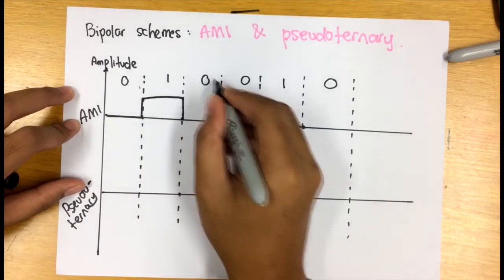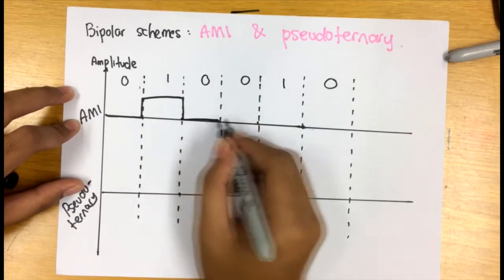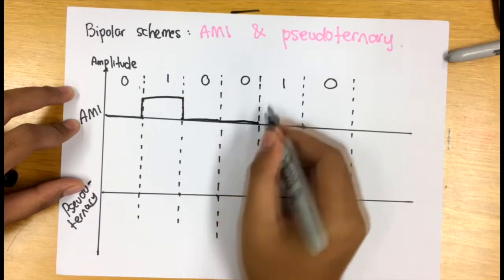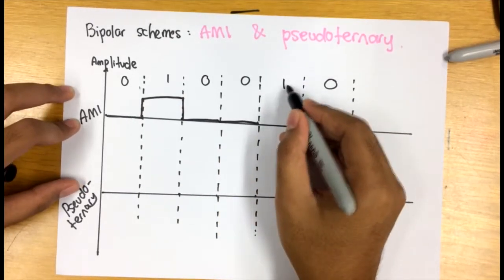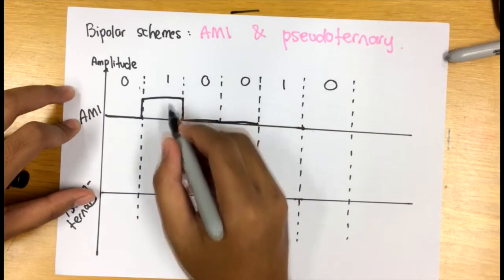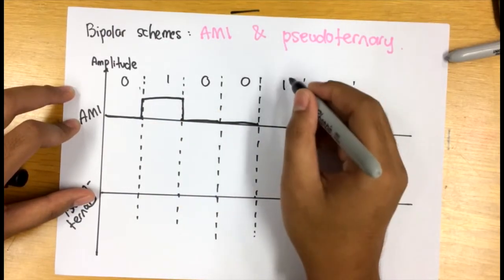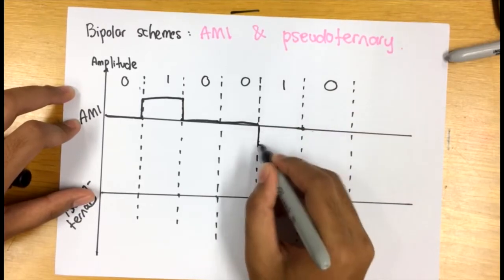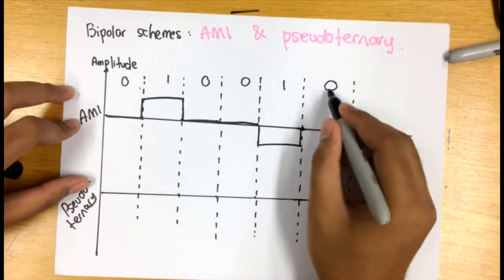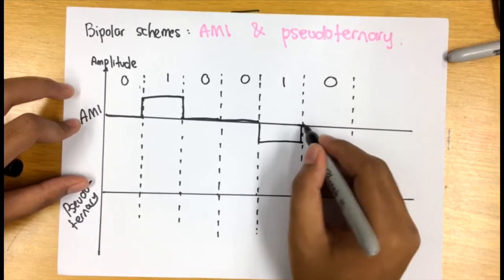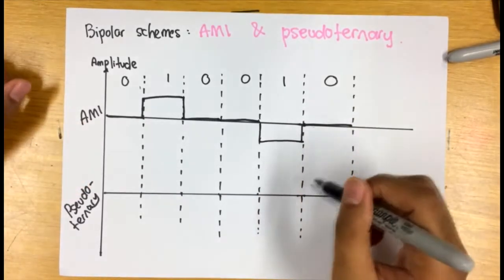After that, you see the next bit is 0, stay the same here, and then the next bit is 1. We see the previous one is positive, so the bit 1 for this one is negative, and then we see the next bit is 0, and then stay just like that.